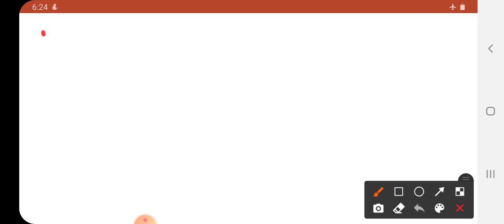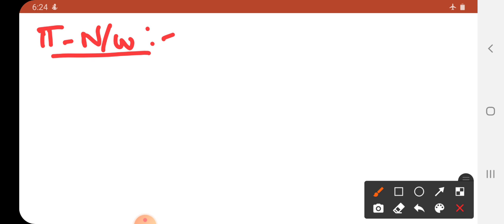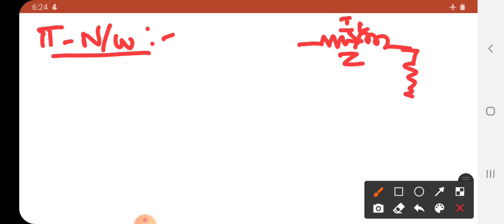Let's draw the circuit. At the center you have the Z. The current here is IL, and here you may have the shunt admittance.